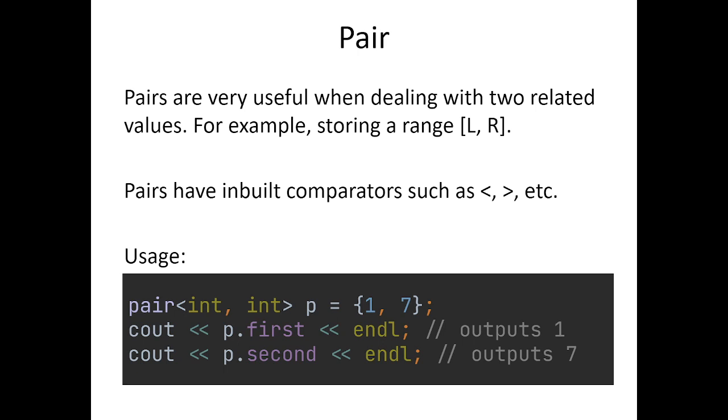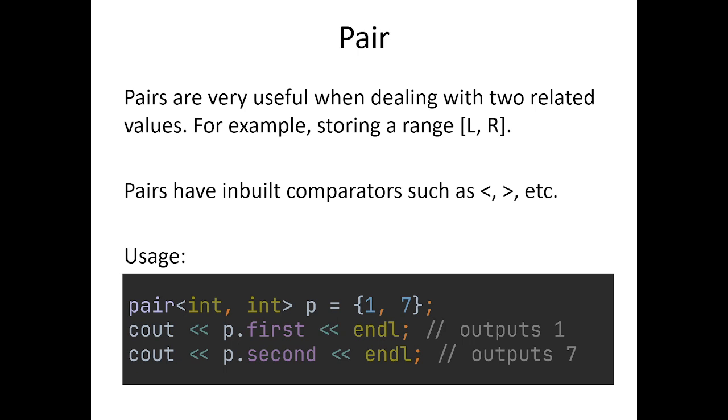Any questions about pair? Can you give one more example of where to use it? One example was obviously time range, as I said. Another example is suppose you have to sort some points on the 2D plane by x-axis, and if the x-coordinates are the same, you have to sort by y-axis.